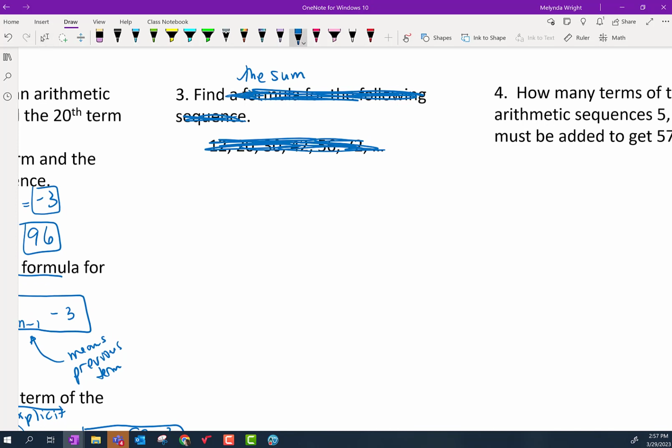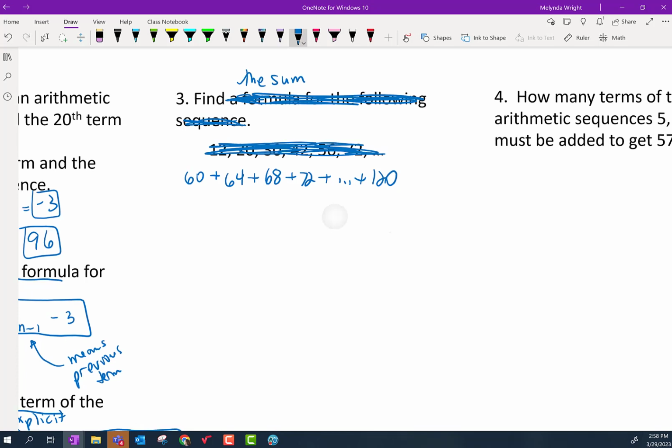So we're going to find the sum, and that would be 60 plus 64 plus 68 plus 72 plus ... plus 120. Okay, so that's what we're going to be doing. We're going to find the sum. And if they say sum, we've got to use one of the summation formulas.